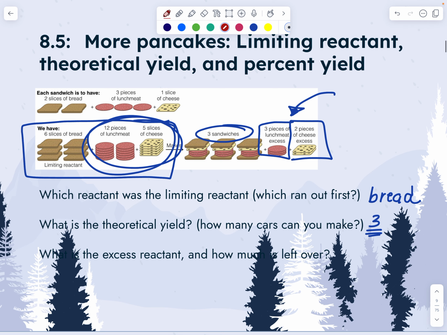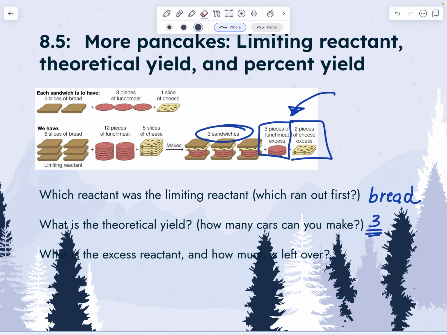This example right here, if we look at how much we have, do I have enough of the second and third reactant to use up all of the bread?